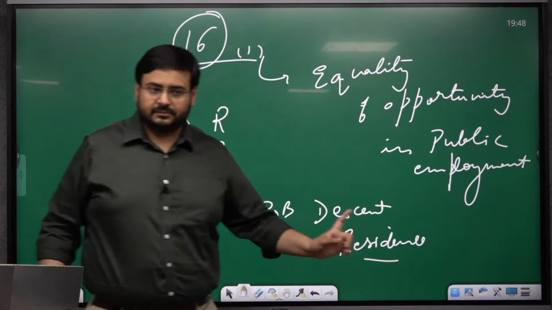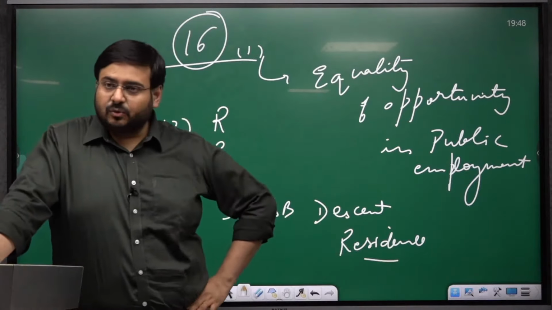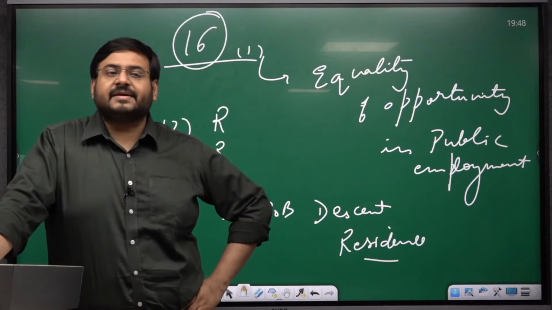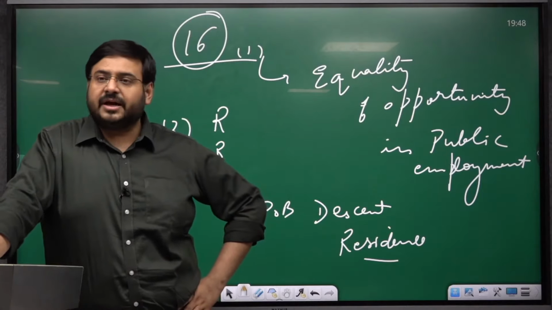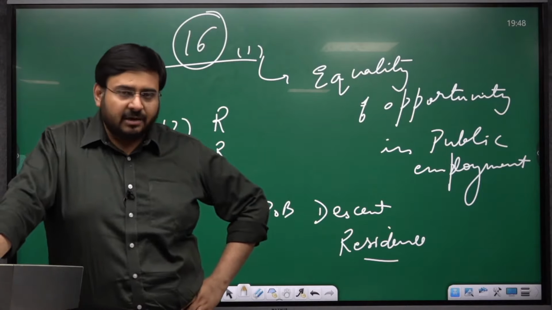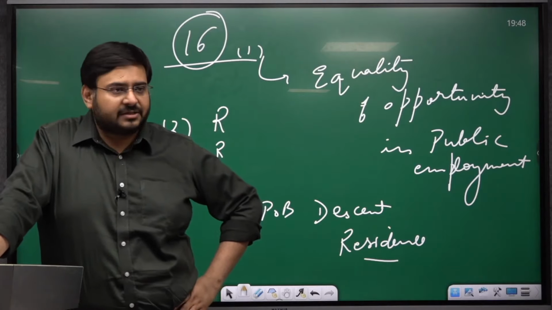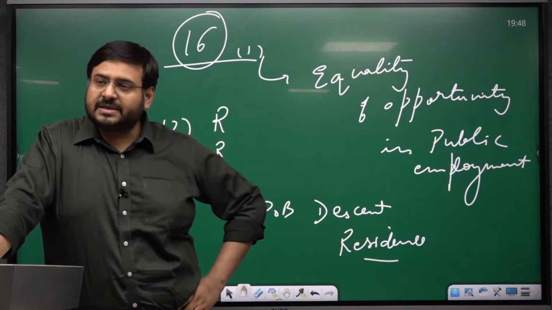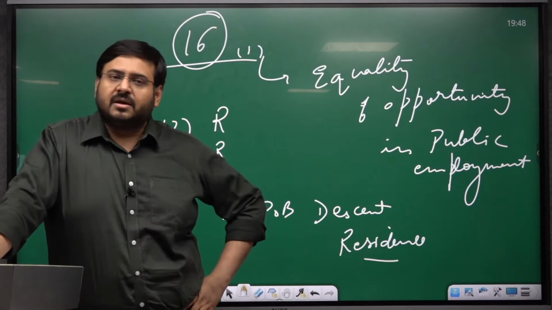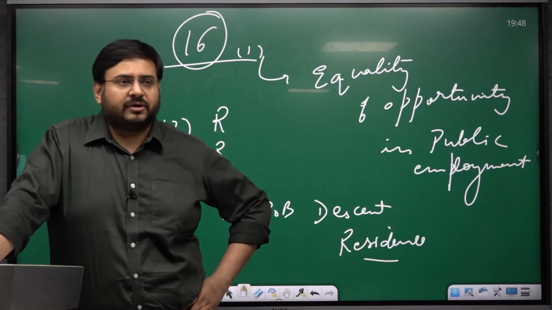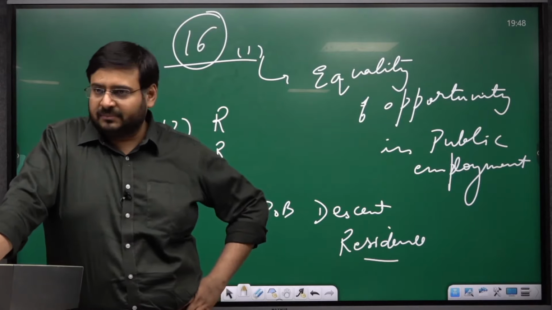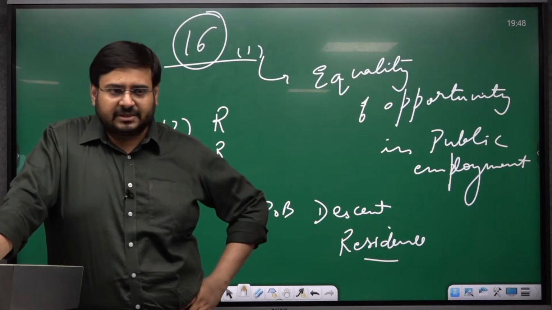Are we clear? 16.2 is clear to you? So there are 7 grounds. It means state employment can be discriminated on the grounds of language. Yes, if, let us say, the state of Kerala says that you are not allowed to give the exam unless you know Malayalam, will it be a violation of Article 16?